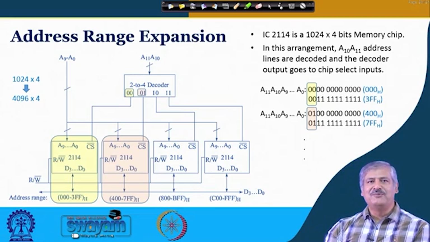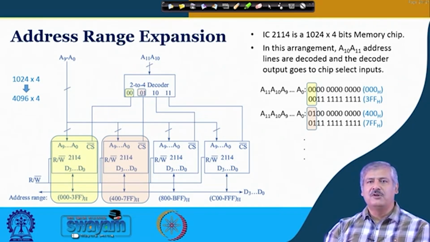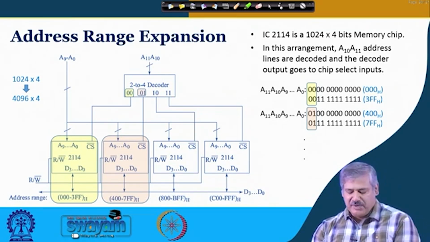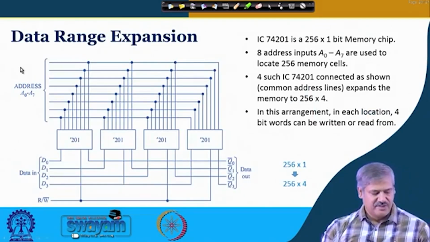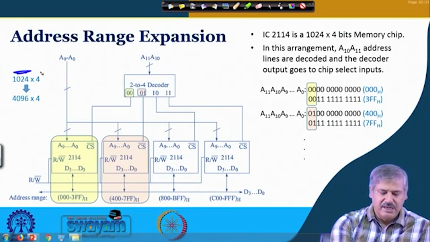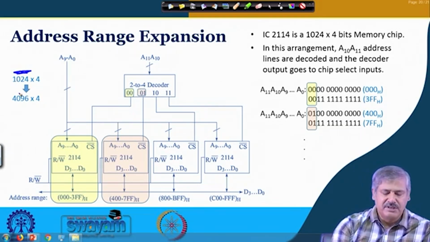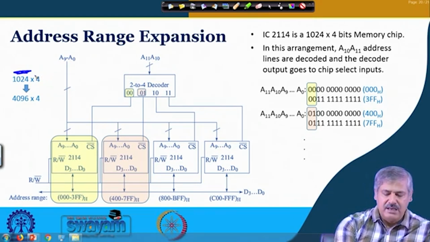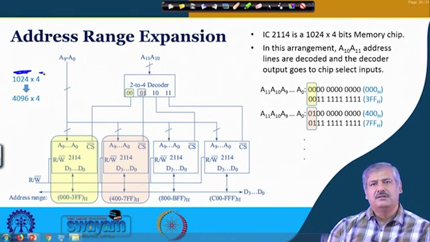So, we now move to memory expansion, and when we talk about memory expansion, there are two possibilities. One is the address range expansion. What do we mean by that? There is an example. This is the number of rows, the number of addresses, number of locations, that is 1024, and in each address there are 4 bits of binary information stored.